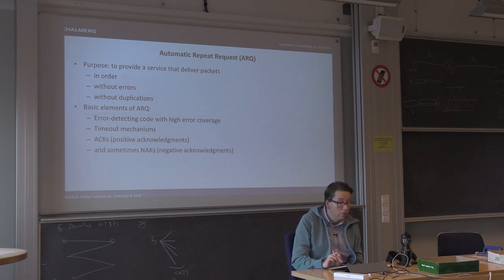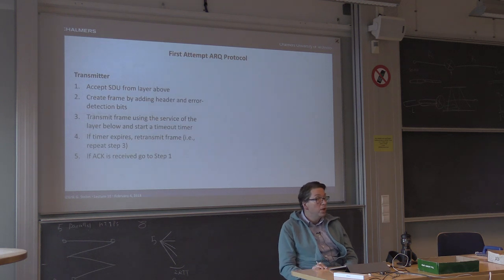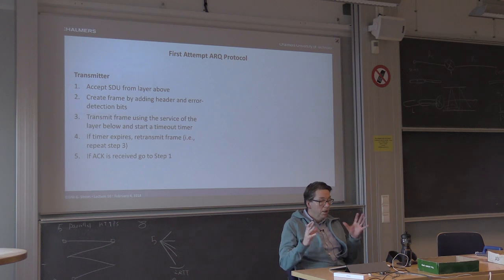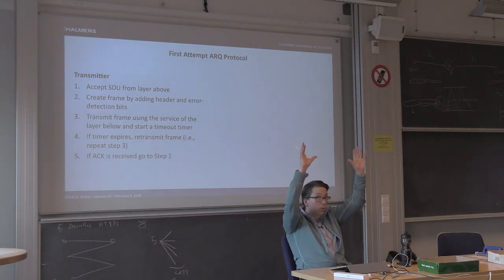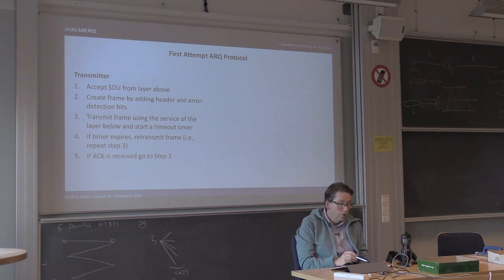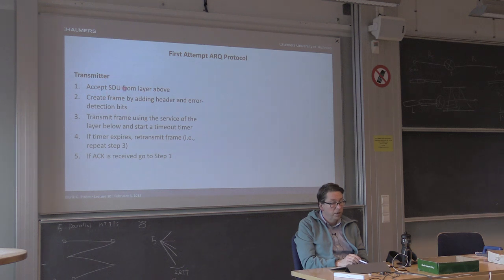Okay, so shall we get started to design our first ARQ protocol? So the idea here is that if I'm now the transmitter side, I'm serving the layer above me, so I will receive service data units from above, and my task is to transmit them securely, reliably over the network. Okay, so the first thing I do, as a protocol entity, is accept the service data unit from the layer above me.